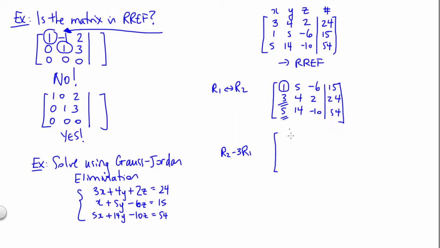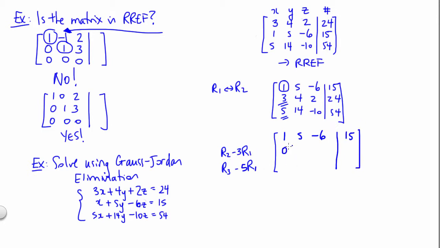For the bottom row, to get rid of the 5, we'd have to take row 3 minus 5 times row 1. Alright, so the row that you're on plus or minus an appropriate multiple of your pivot row. If it's a 5 that you're trying to eliminate, minus 5 times your pivot row will eliminate that 5. Alright, so let's figure out our entries here. We're just recopying that top row that is not changing, and we'll go row 2 minus 3 row 1.